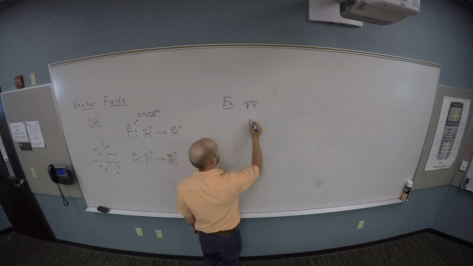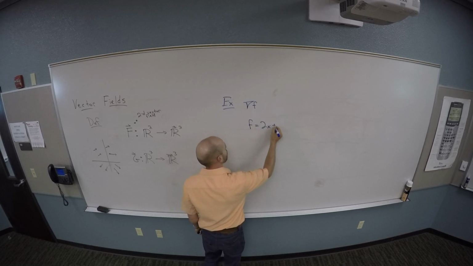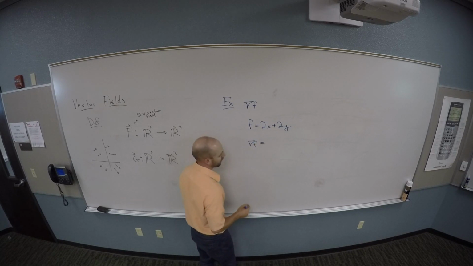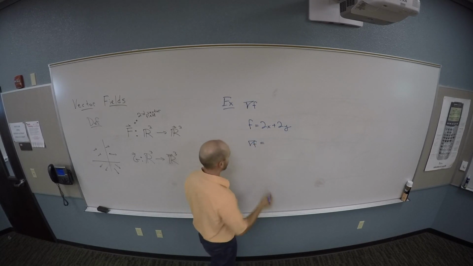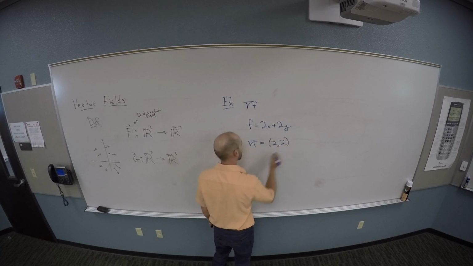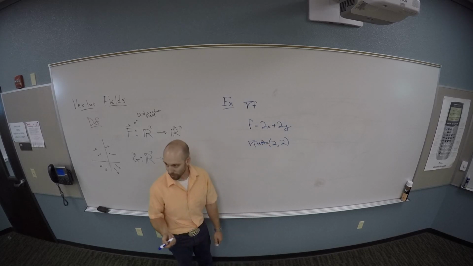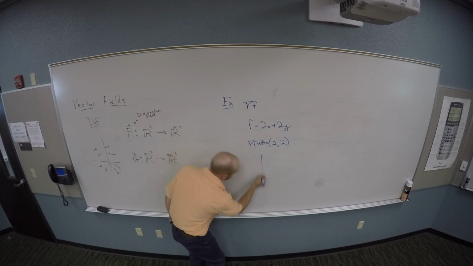Sure. Okay, so if f is 2x plus 2y, then the gradient of f is 2i plus 2j, the vector 2, 2, right? And really the gradient of f is a function of x and y, right? It's 2, 2. Could we draw a picture of that one?